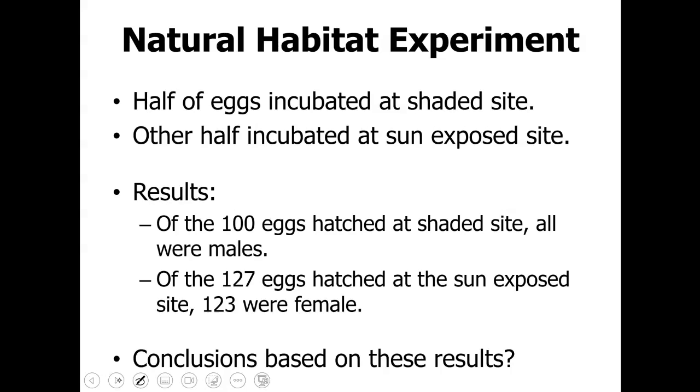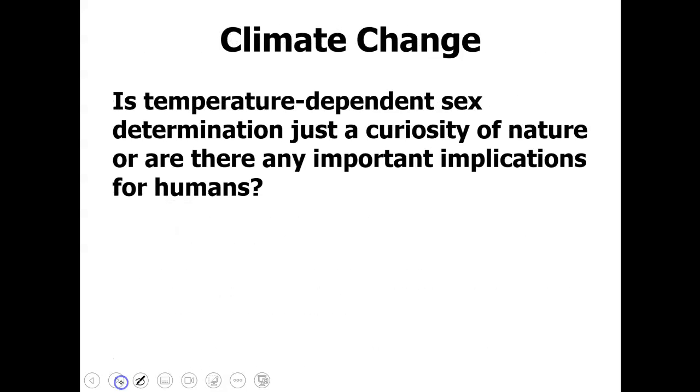Of the 127 eggs hatched at the sun-exposed site, 123 were females. So the conclusion from these results is that climate really does influence what type of individuals you end up with.